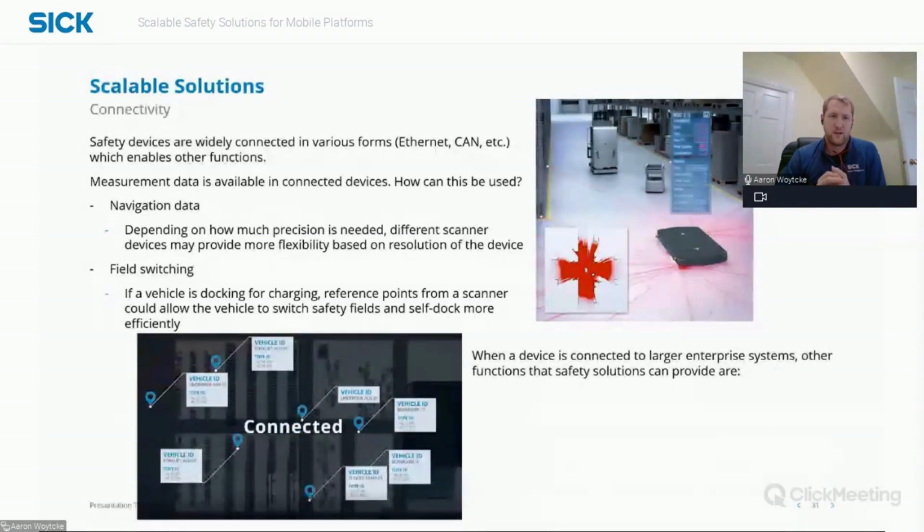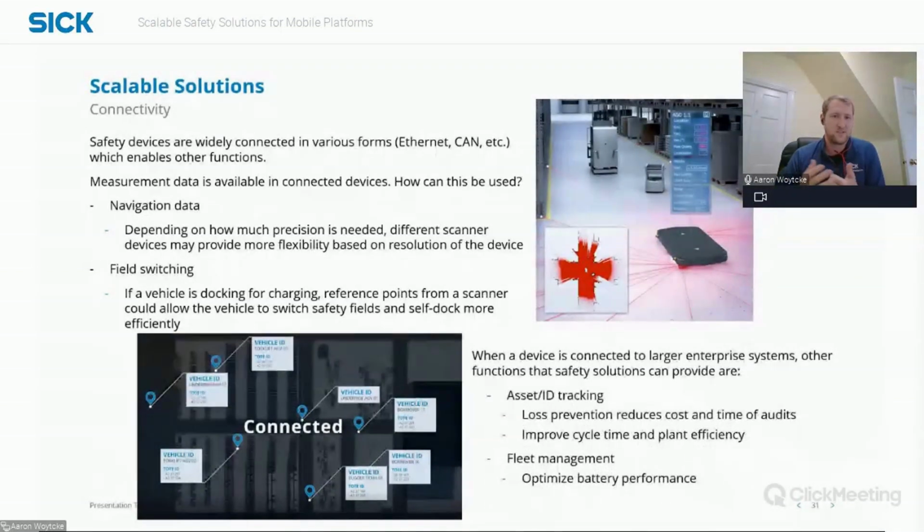Next, we want to look at when a device is connected to larger enterprise systems. So you're still communicating Ethernet or CAN or other ways to the system. Few ways you can use this data is for asset ID tracking. So if you look at your plant in general, historically we may not know where different vehicles are.